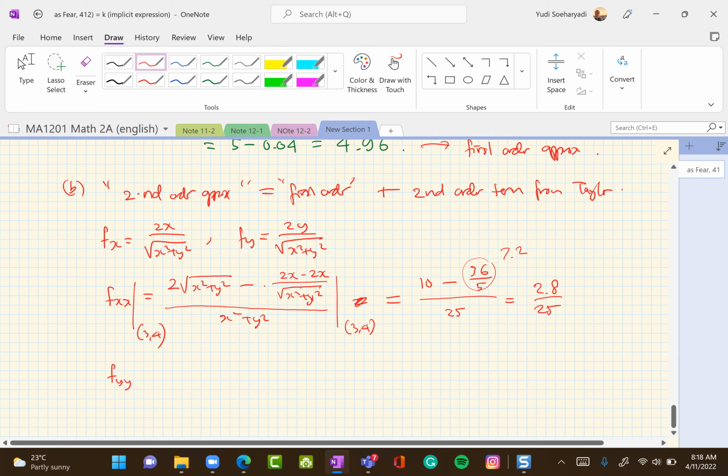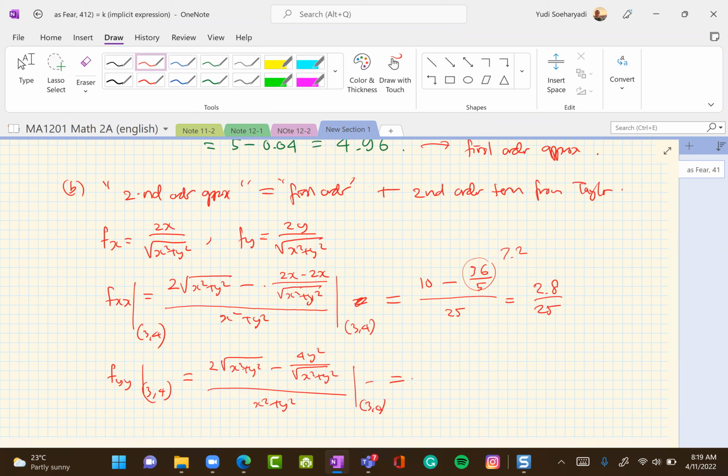fyy, that's the same. Just replace the x with y. So it's the same thing, minus 4y squared over x squared plus y squared. Compute at 3, 4. That equals to what you get there.